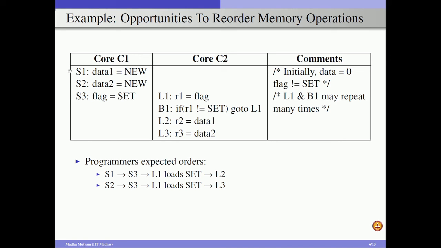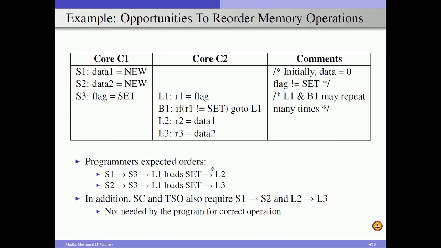As long as S1 is executed before S3 or S2 is executed before S3, he will get the expected outcome, and everything will be correct. So, there is no need to strictly enforce order between S1 and S2, similarly L2 and L3.